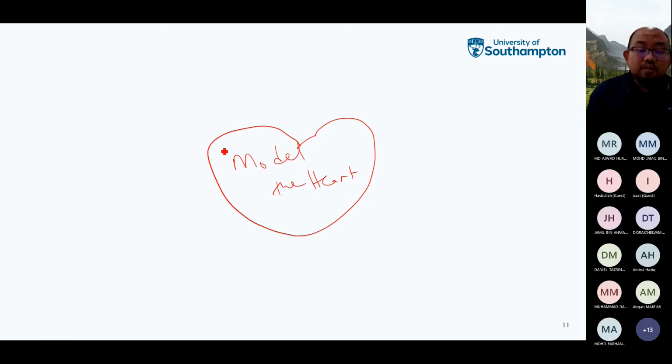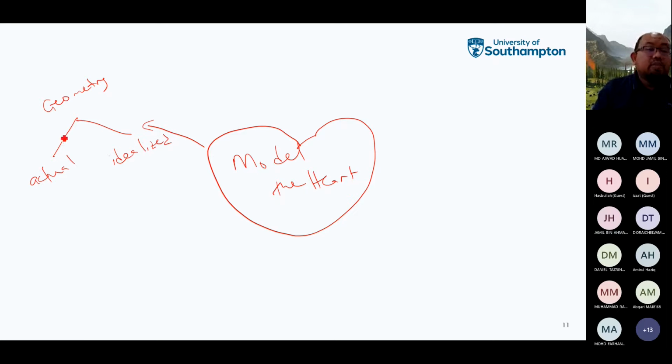Obviously you need to start thinking first about what type of geometry you want to use. You can either use an actual geometry, or you can just construct a simple idealized geometry, maybe using SolidWorks. And this geometry, you will need to mesh as well, because you will need to solve it using a finite element solver. So you will need to mesh it.